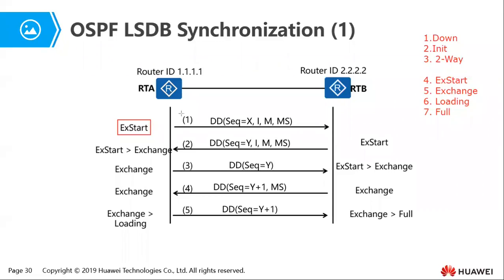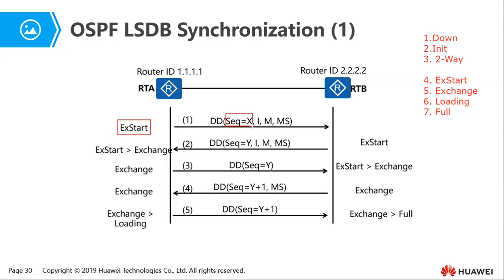So at the ExStart state, RTA is sending a DDD packet to RTB. What it does is generate a sequence number. A sequence number is like an ID to identify each message uniquely.